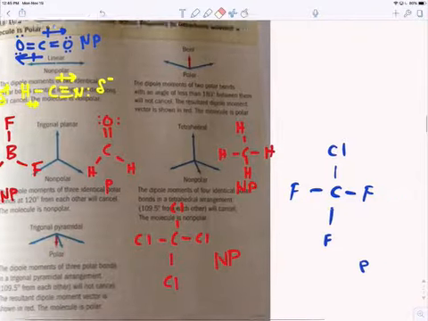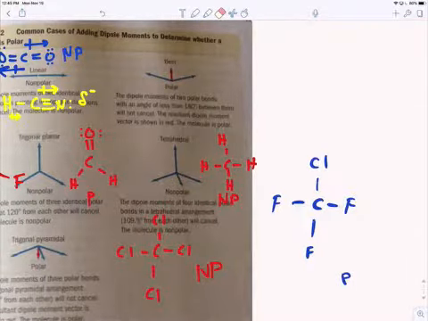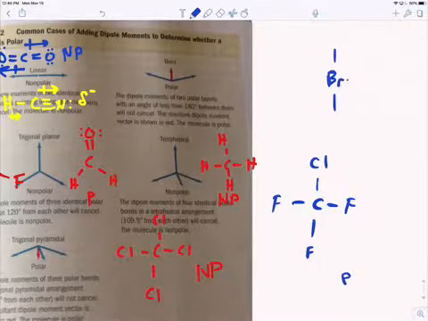This is not a question that's fair for the final, but maybe I'll do this. Maybe you have a molecule like this. We have a chlorine.